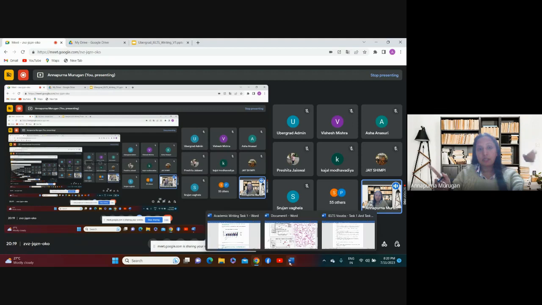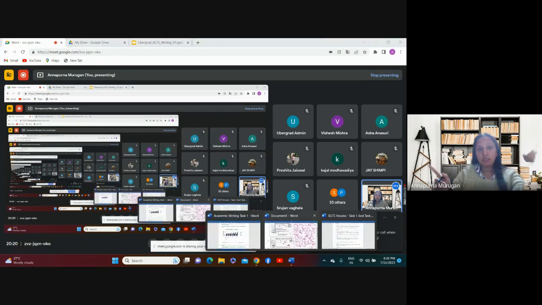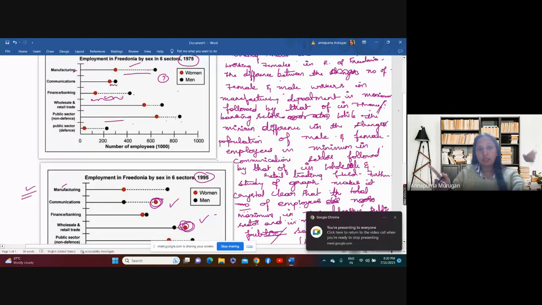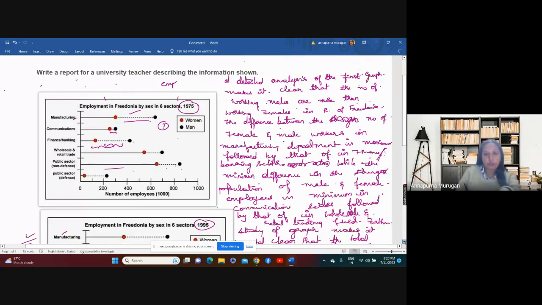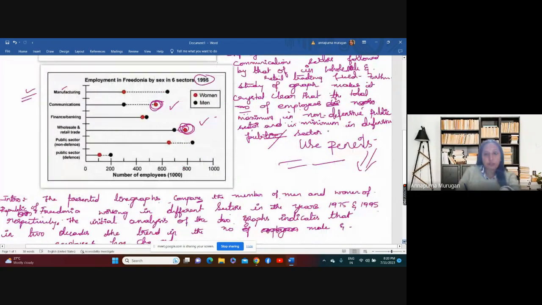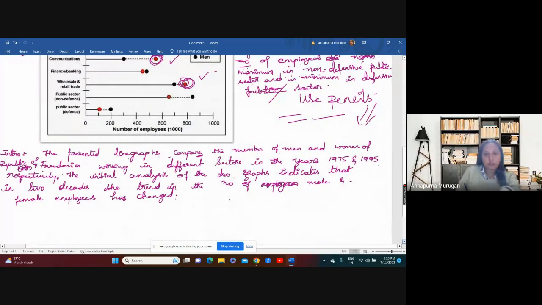So now I'm going to read this one. You want me to read the introduction also? I'll read the introduction once too. The presented line graphs compare the number of men and women of Republic of Fredonia working in different sectors in the years 1975 and 1995 respectively.